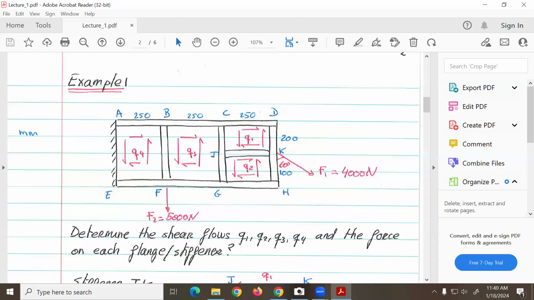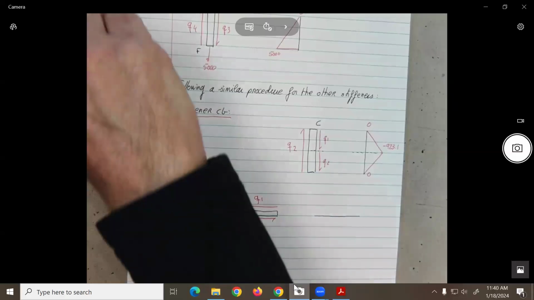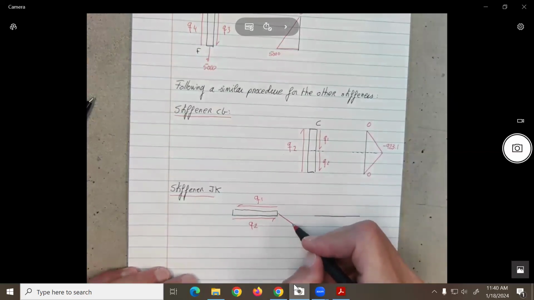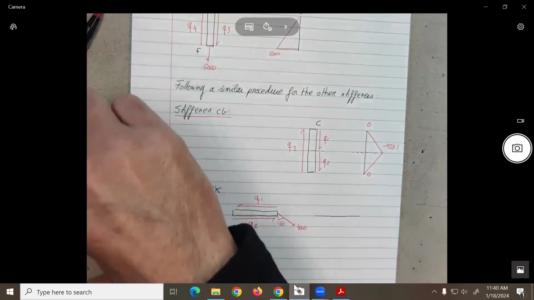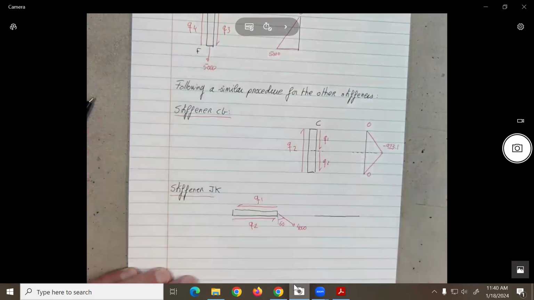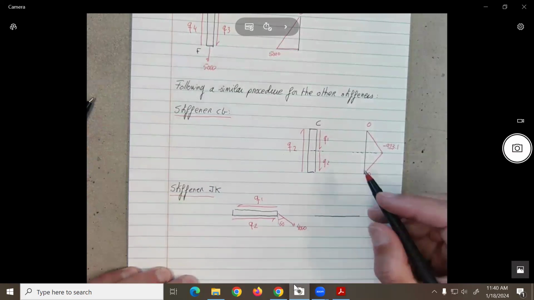And the 4,000 at the end. So you do the distribution of this one.